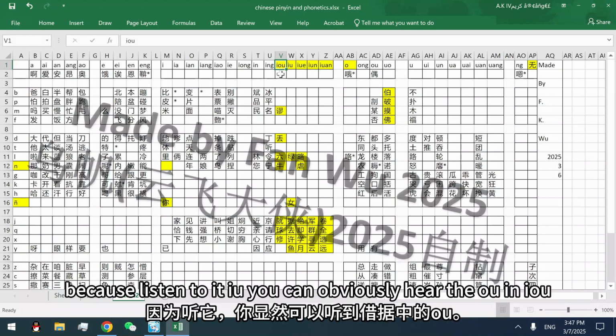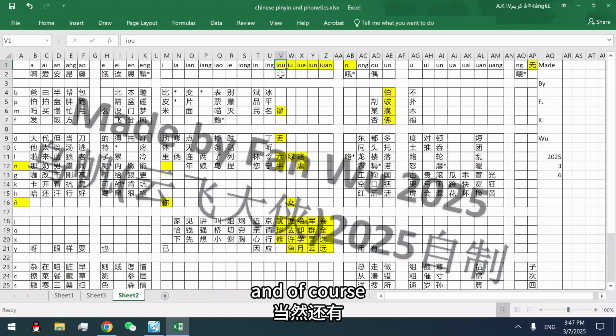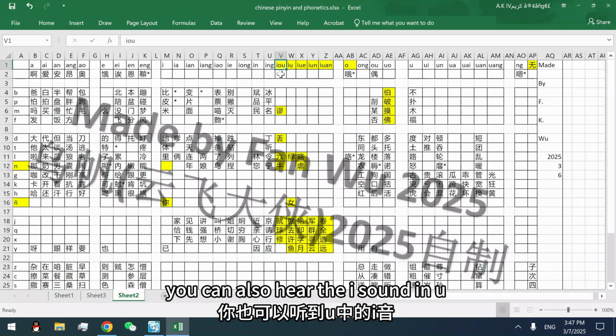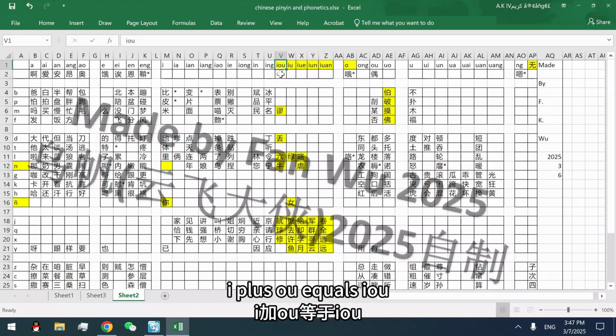Because, listen to it, you, you can obviously hear the o in you, and of course you can also hear the yi sound in you. I plus o plus u equals you.